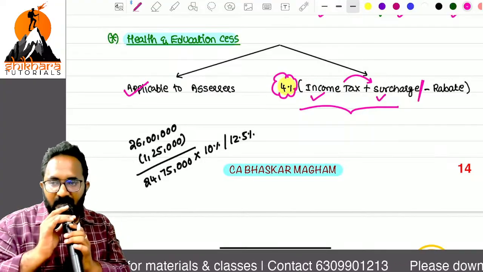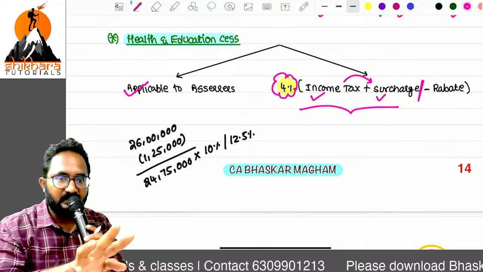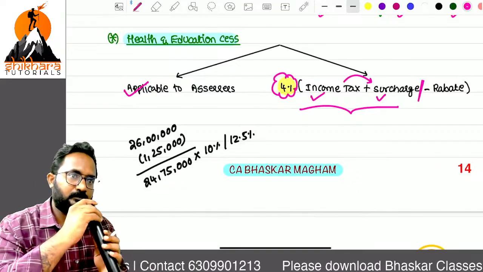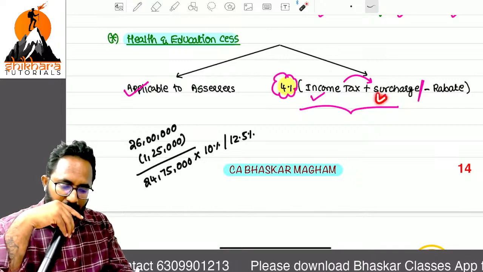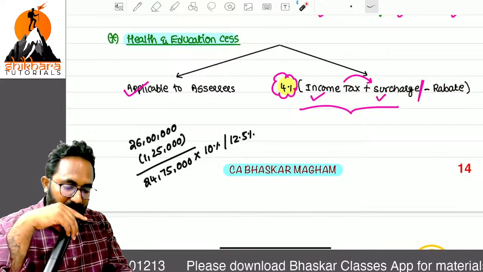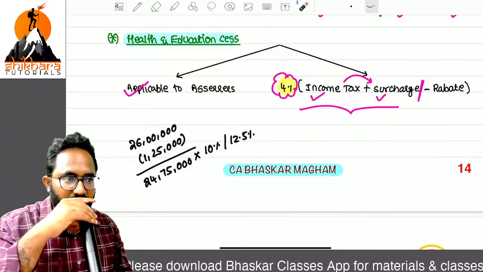That means I can frame one sentence easily. Health and education cess is the last step in the tax computation. If surcharge is applicable, add surcharge. Or if rebate is eligible, reduce rebate. Finally, on this total amount, add health and education cess.